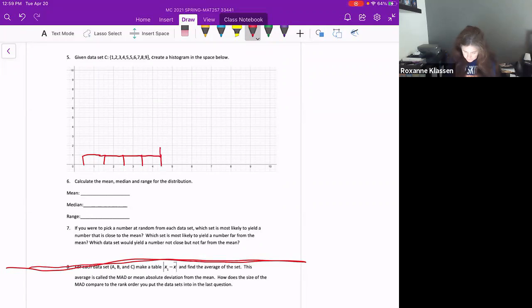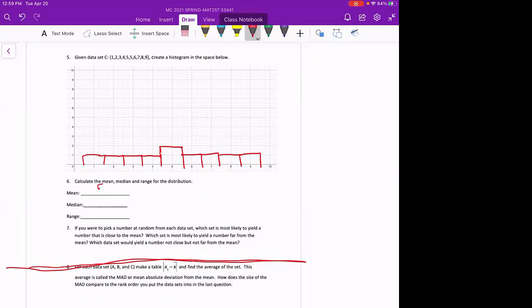What do we have? 2 5s, 1 6, 1 7, 1 8, and 1 9. So this data set was totally different. And what was our mean, median, and range on this one? The same 5. Median was 5 and range was 8.